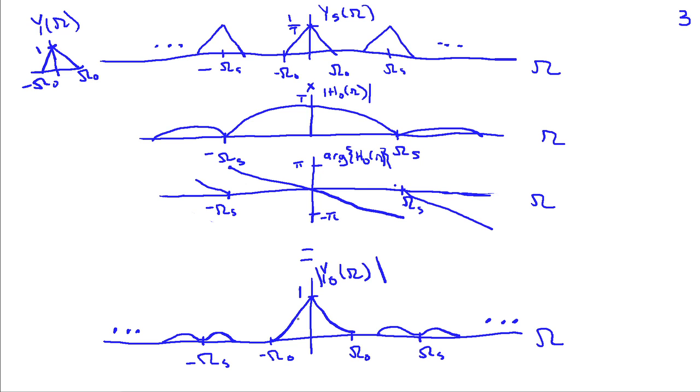In the primary part of the spectrum, we have some distortion, which is due to the curvature of h0 of omega. And then out at multiples of omega sub s, we have some residual spectral content, or residual energy, which is due to the fact that this zero crossing here has non-zero values to the right and to the left, and those are going to interact with the spectrum of the sampled signal. The same kind of thing happens at 2 omega sub s and 3 omega sub s and on up.